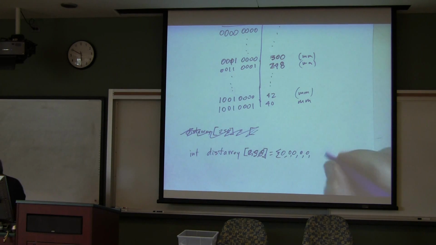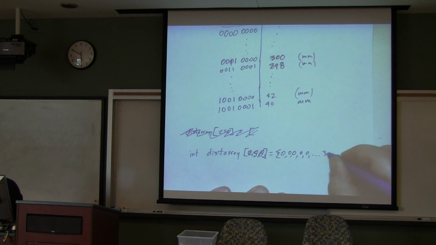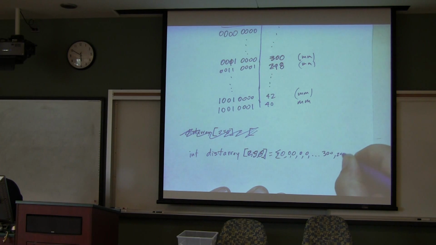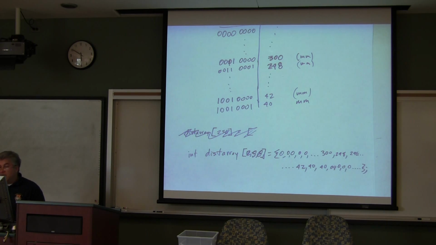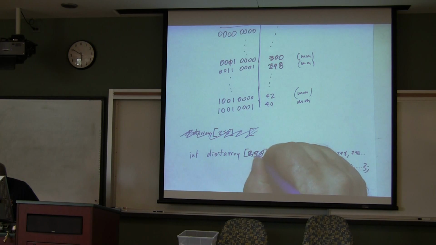And then eventually you'll get into the values 300, 298, 296, it'll keep on going. And then you'll reach 42, 40, and then you'll probably go back to 0, 0, 0, 0, until you get to a total of 256 of these values.